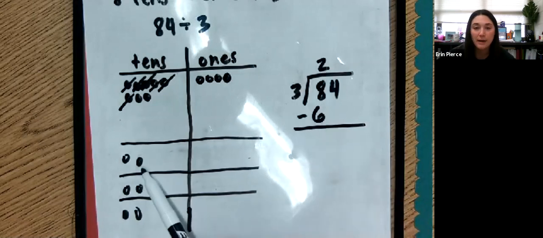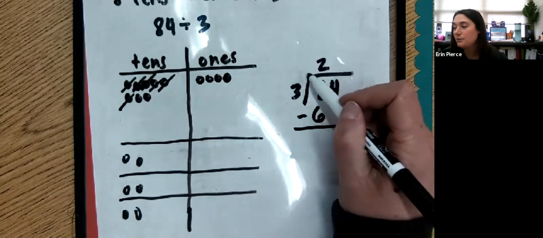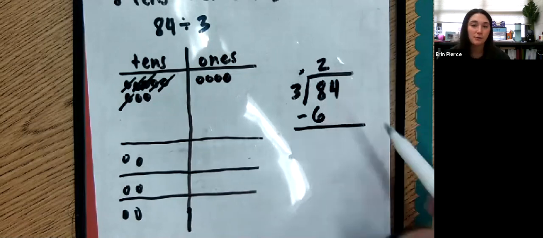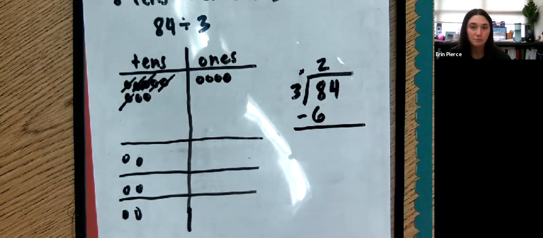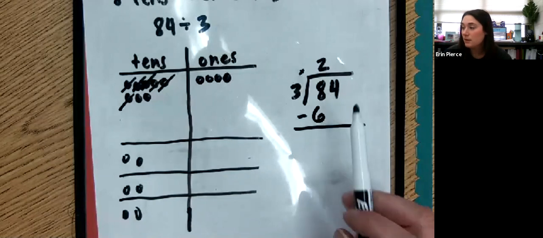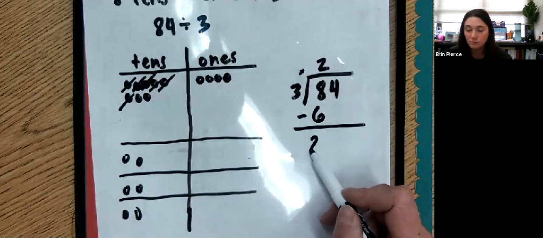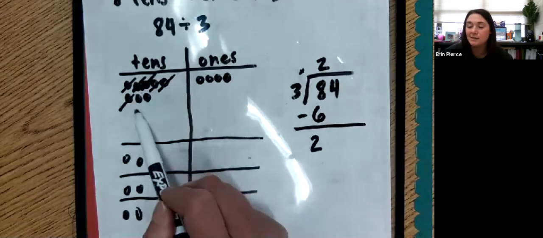That's matching right here. There is the next step. I have to do 3 times 2, and I get 6. 8 minus 6 is 2, which matches how much my remainder is.